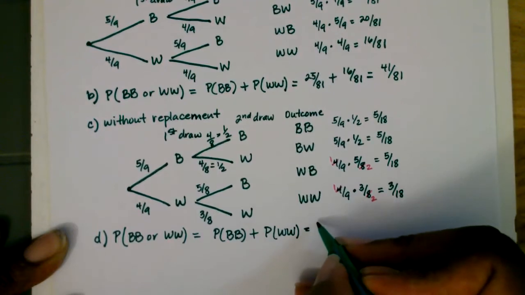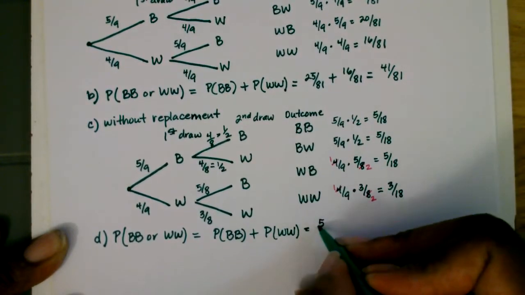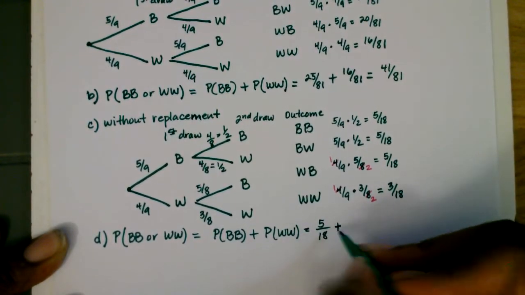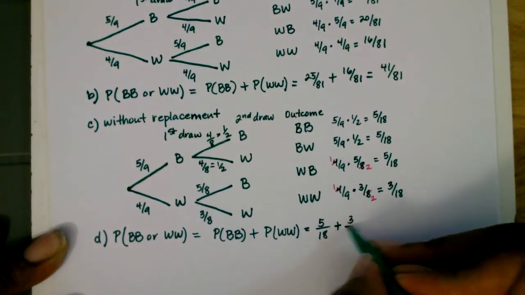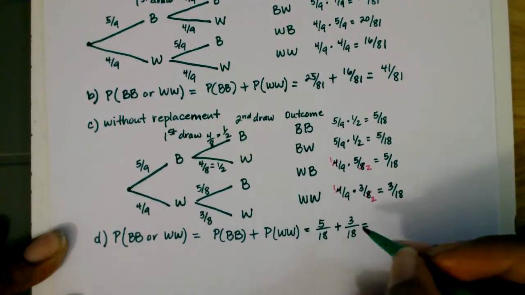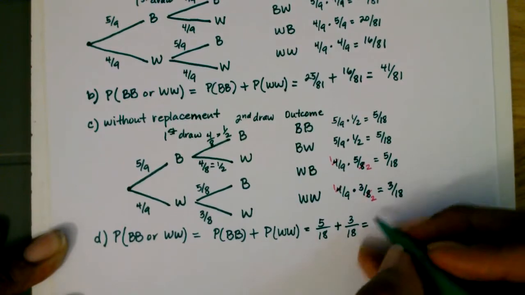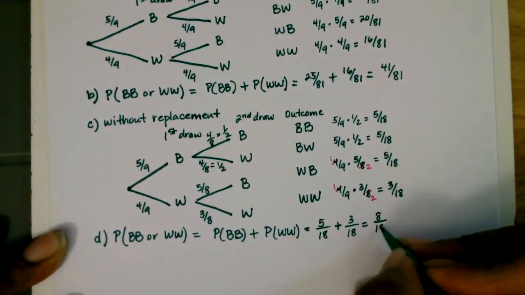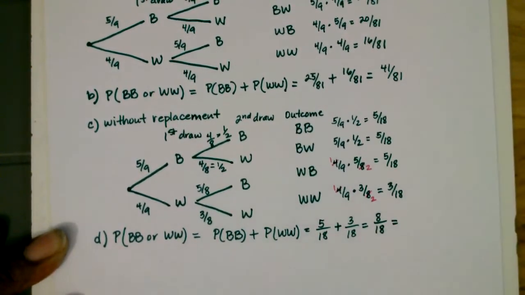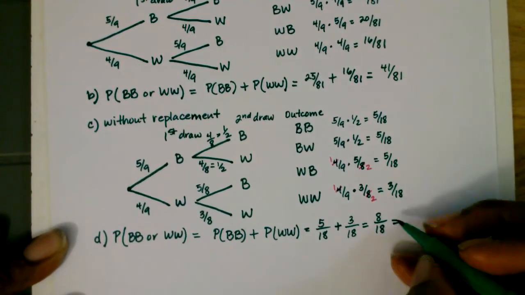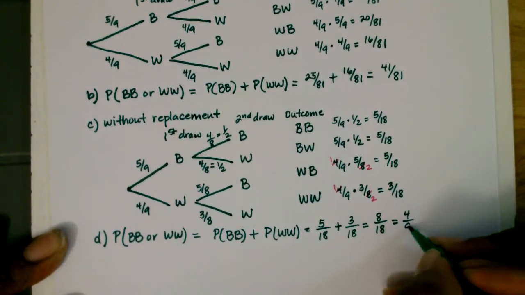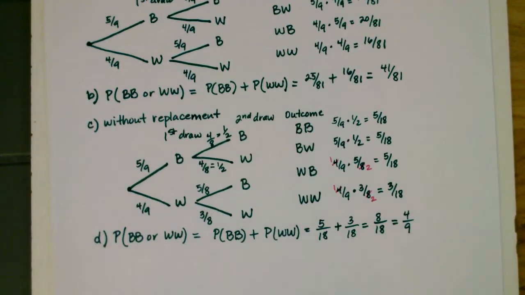So the probability of 2 black balls here is 5 over 18 plus the probability of 2 white balls, that's 3 over 18. So 5/18 and 3/18 will be 8 over 18. And that can be reduced in simplest form to 4/9. So the probability of the event that the 2 balls are of the same color would be 4/9.